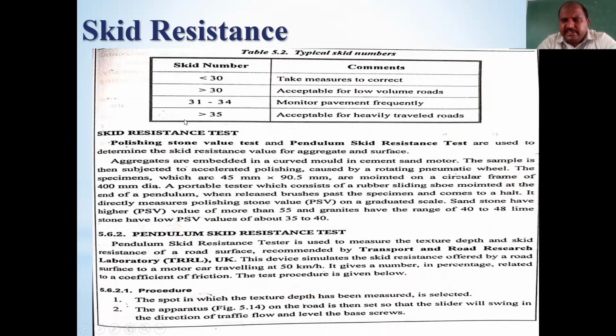The typical skid resistance number: less than 30 means we need to take measures to correct. Greater than 30 is acceptable for low volume roads. 31 to 34 means monitor pavement frequently, and greater than 35 is acceptable for heavily traveled roads.